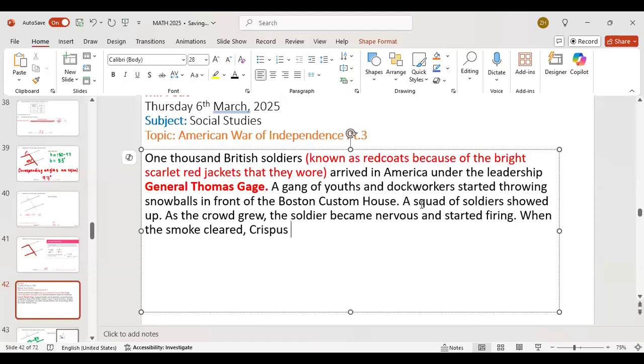The red coats. Red coats, red coats. So Crispus Attucks and four other men lay dead or seriously wounded.